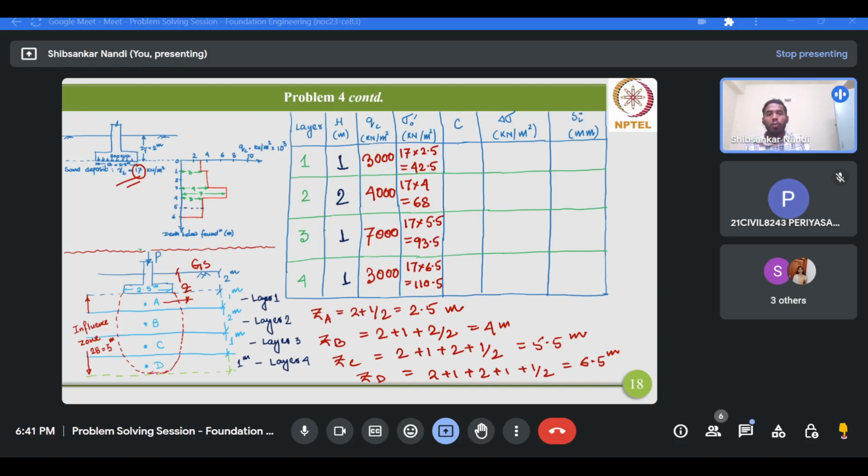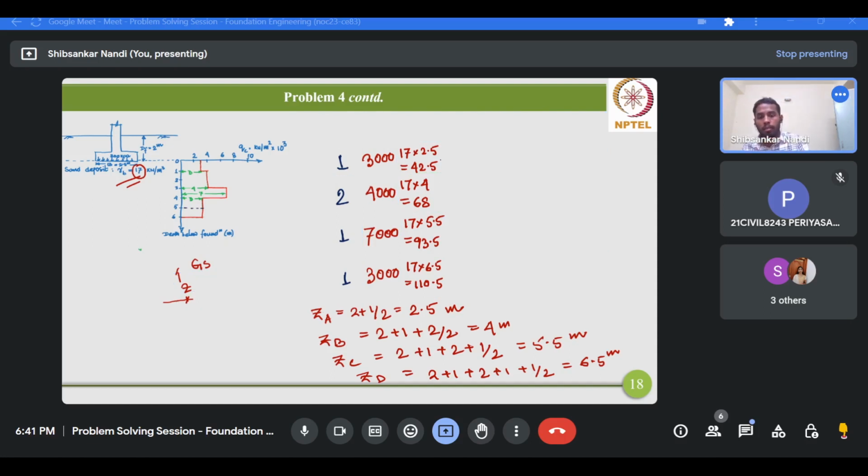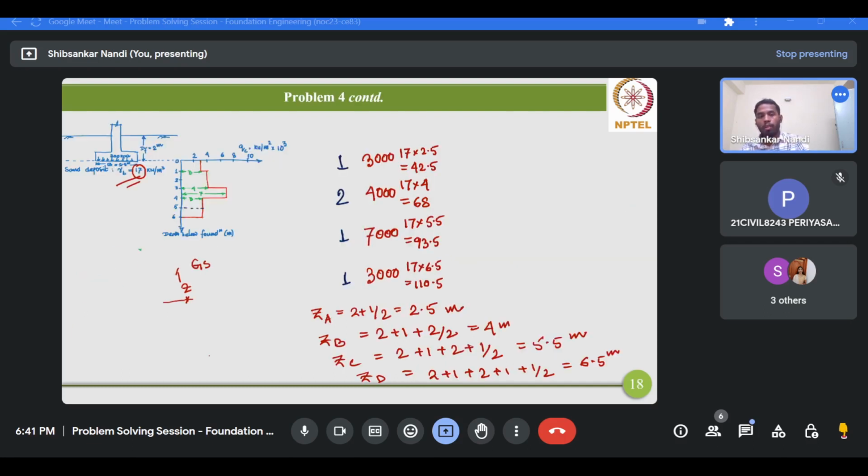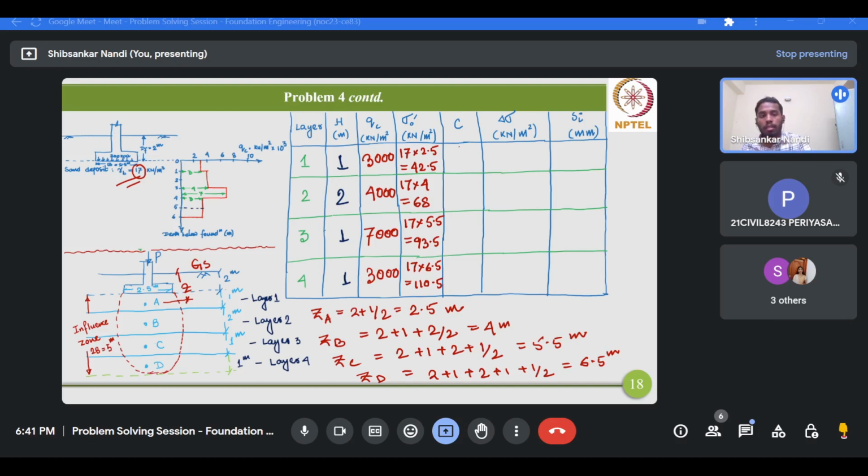Now coming to the compressibility coefficient, it's simply the one given here, 1.5 times QC by sigma 0 prime. Therefore C for the first layer would be 1.5 times the QC value for this layer, 3000, divided by sigma 0 prime, that means 42.5.